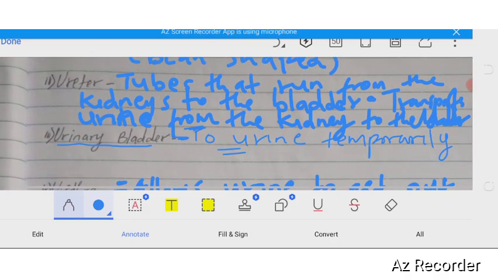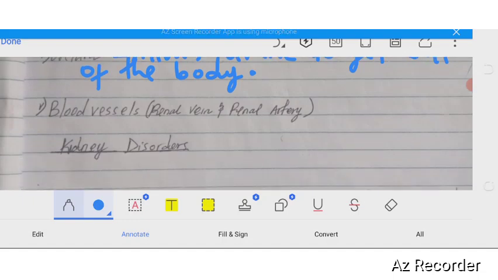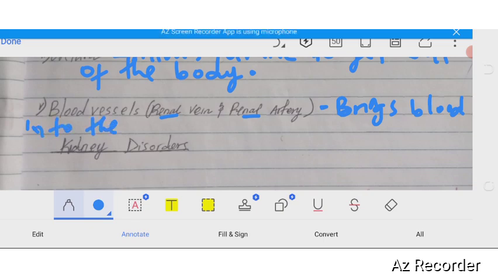So we move down. Last but not least, we are going to talk about blood vessels, which are divided into the renal vein and renal artery. What are their functions? The renal artery brings blood into the kidney for purification.